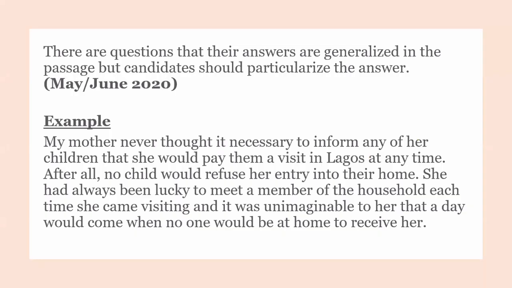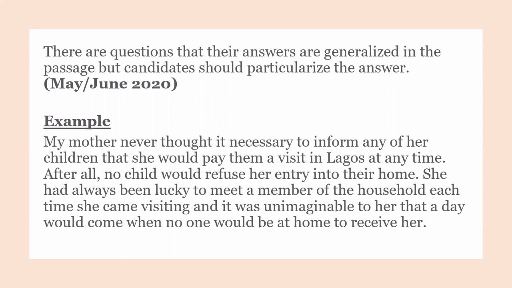There are also some passages that some sentences are generalized, but when the question comes up, the candidate should particularize it to get the answer. Example is May, June 2020. My mother never thought it necessary to inform any of her children that she would pay them a visit in Lagos at any time.